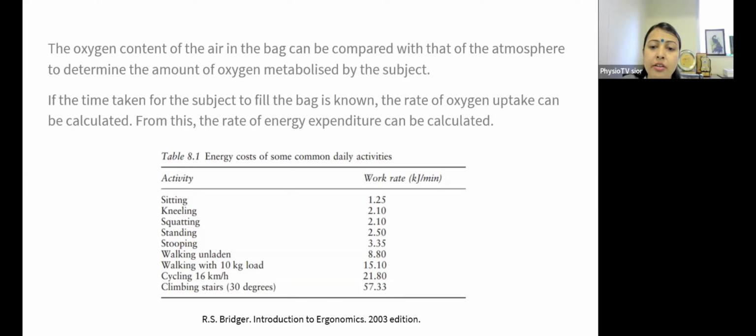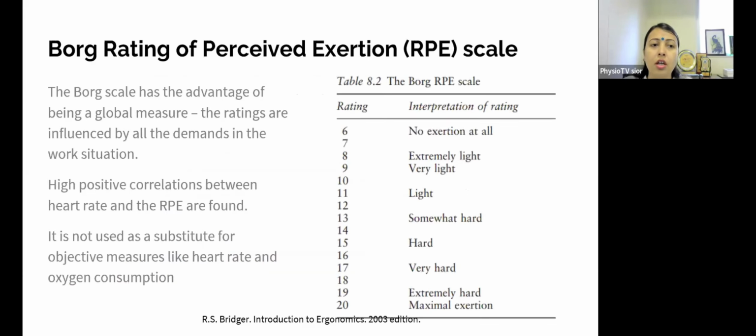That is, for sitting, the energy required is 1.25 kilojoules per minute. Same way for kneeling, squatting. So as you will understand, this particular method is a mandate, first, if you have this equipment, and second, when it is a heavy worker or industrial workers.